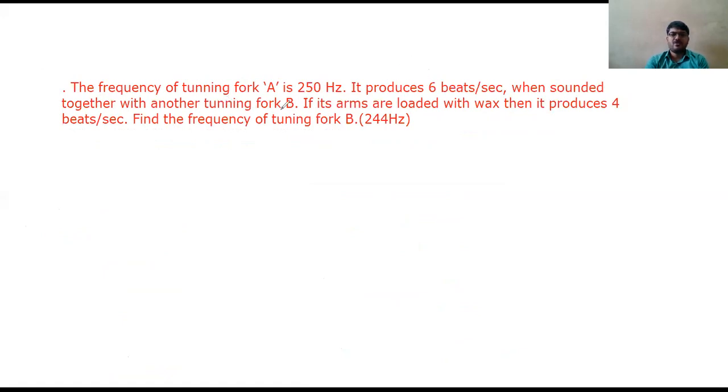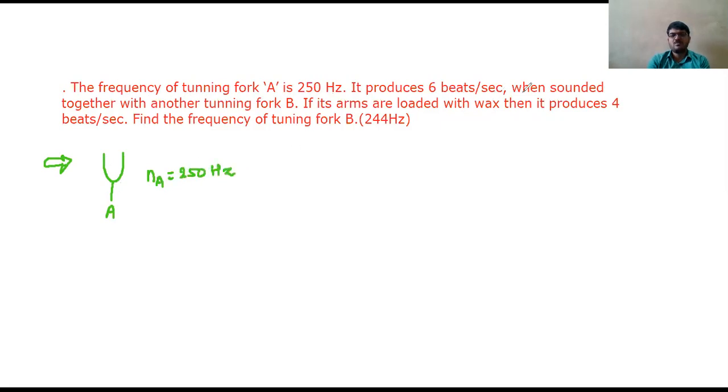The frequency of tuning fork A is 250 Hertz. Now see here, I am solving this. You will understand, very easy. Means you have one tuning fork. This is tuning fork A, and its frequency is given, that is 250 Hertz.